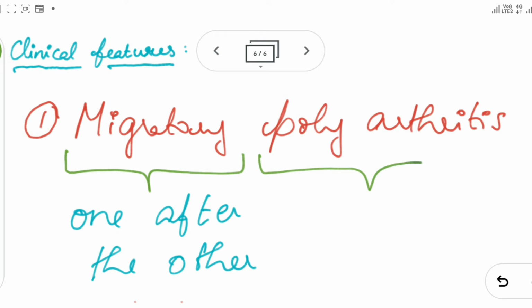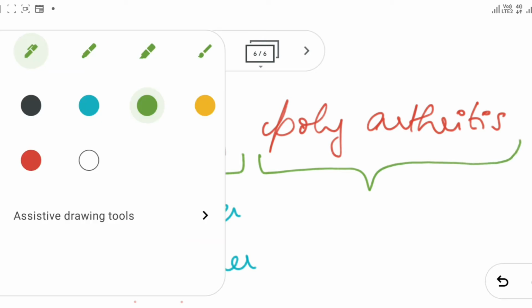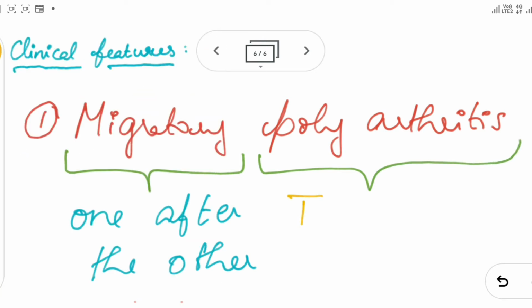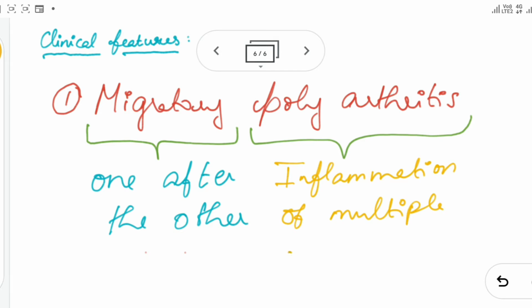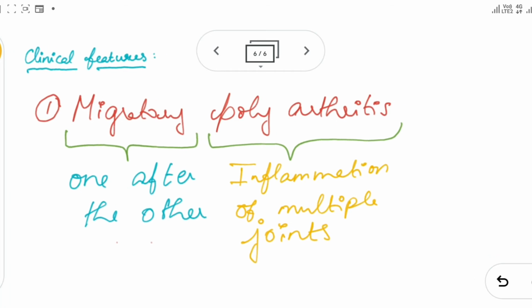Polyarthritis is the inflammation of multiple joints. So it causes migratory polyarthritis, which is the inflammation of multiple joints one after the other.